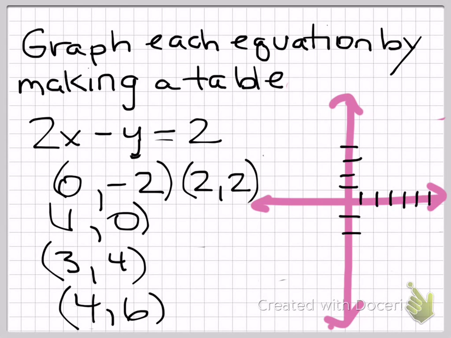And for the sake of space, I'm not going to write the numbers, but each line is going to represent 1. So I'm going to put a point at 0, negative 2. That's going to be right here.